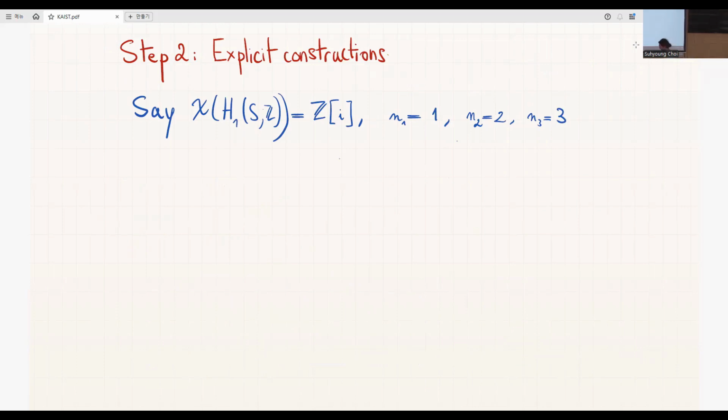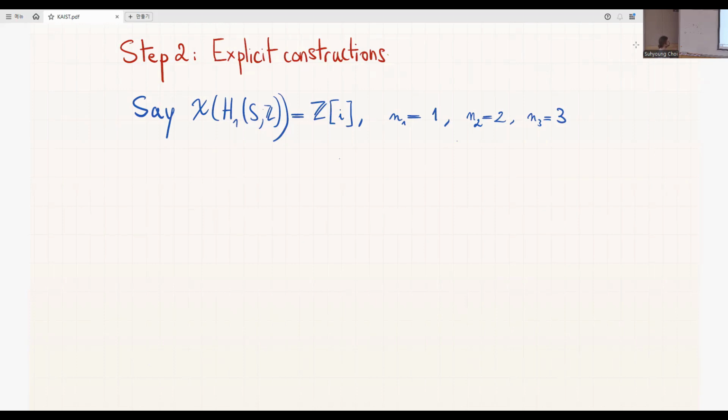And now the second step is to provide an explicit construction of a translation surface of given holonomy. I will show you how that works on an example, but you will see that you could do it in general. Suppose that you are given a chi whose image is Z of i, and you want to construct a translation surface of given volume with those branching orders, 1, 2, 3.